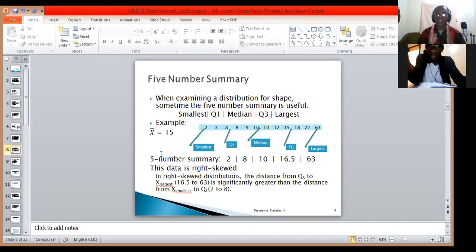When you break your data, you find the median of each half. The median of the lower half is your lower quartile, and the median of the upper half is your upper quartile. That's why I was saying the lower quartile is not 25%, but it is a number immediately above 25%.